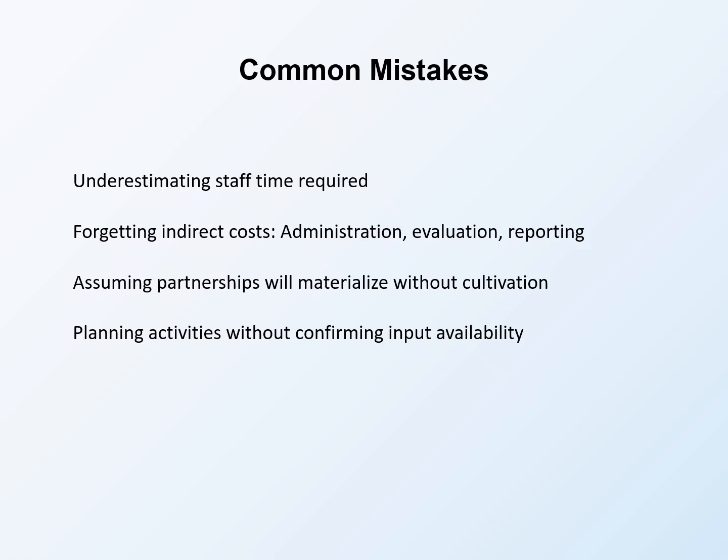A program with no budget for administration will drown in logistics. Assuming partnerships will materialize without cultivation. Partnerships require ongoing relationship investment. You can't just put partner X in your plan and assume they'll show up. Confirm commitments. Planning activities without confirming input availability. Don't design a program around resources you hope to get. Design around resources you have with contingencies for resources you might get.